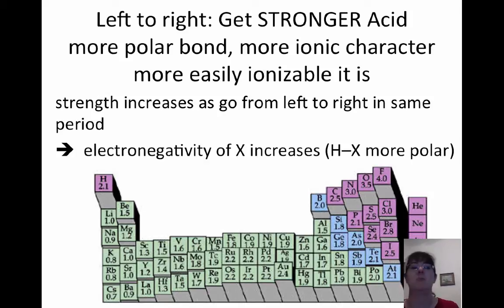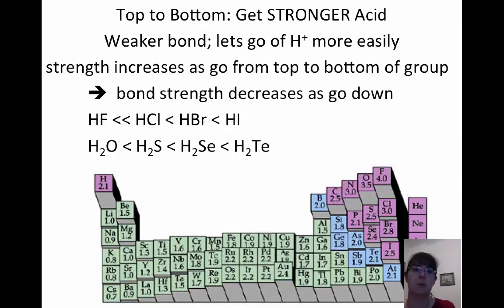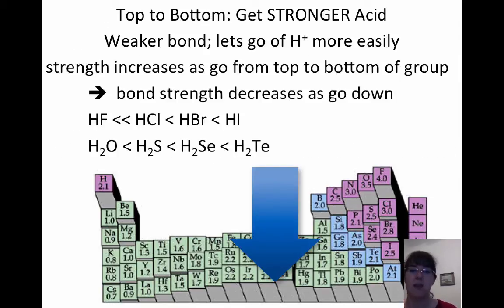The one you might be more familiar with is the other one, where we compare top to bottom, and that is sometimes a little more difficult to understand. As we go from top to bottom, you get a stronger acid.